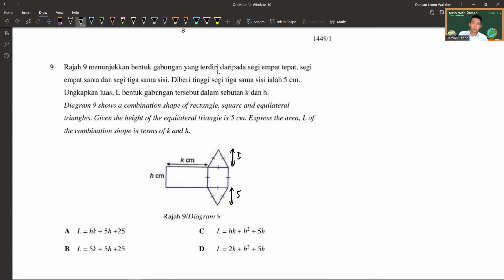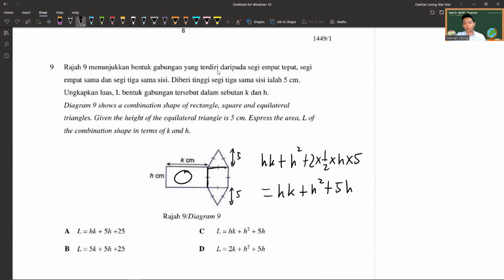So this rectangle is H times K, HK, plus this square, H times H, H square, plus 2 of these triangles. So 2 times half times base H times height 5. So means HK plus H square plus 5H. Answer C. That's question 9.